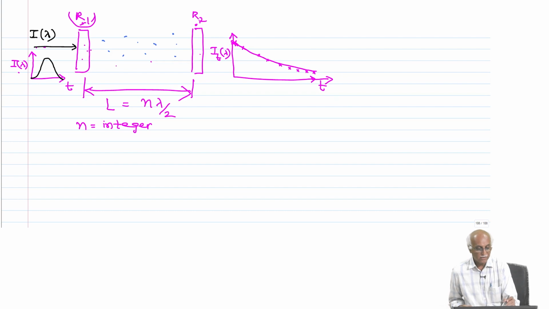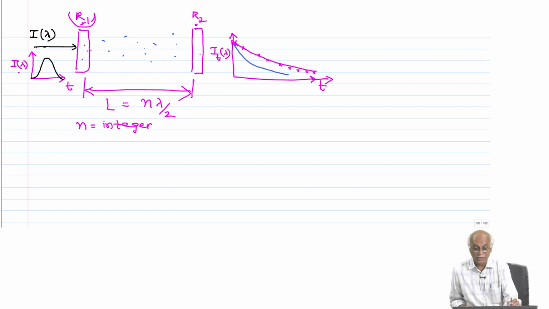Now, if I introduce gas molecules and absorption comes into the picture, then the change in the transmitted intensity with every pass will be different. Why is it different?